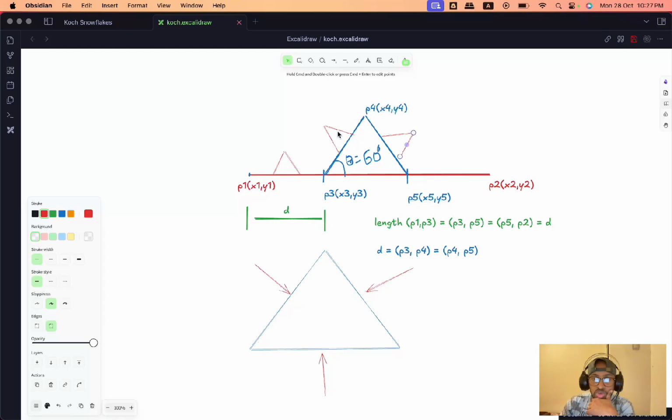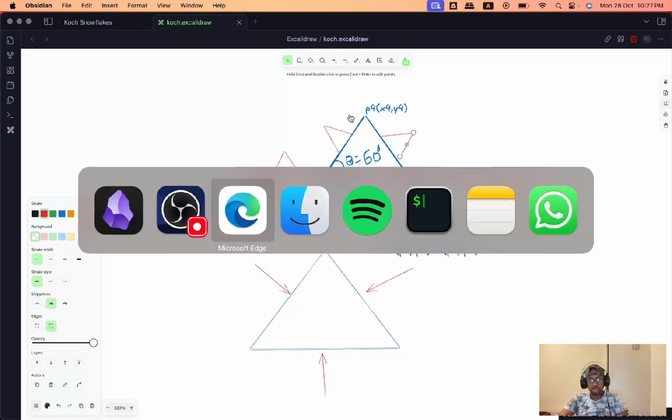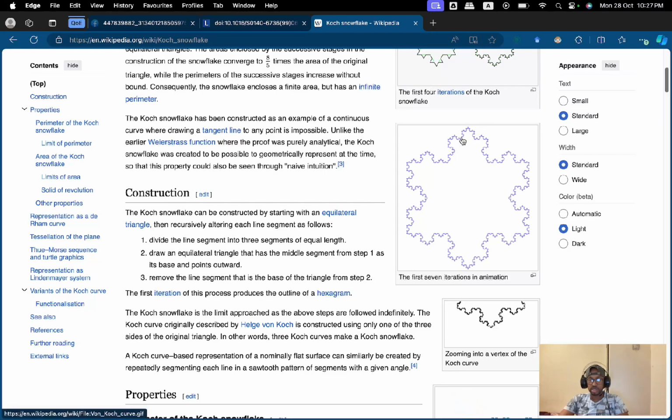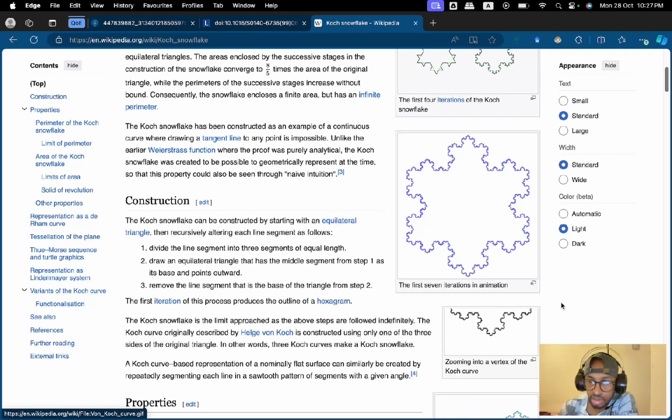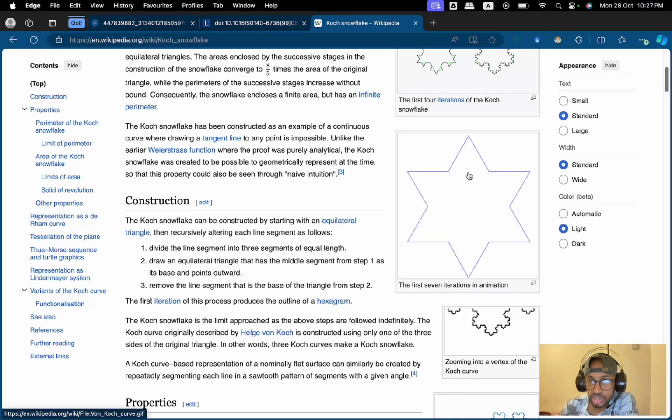And this one also. Then in the third iteration, we apply these rules on each segment again. This is the basic rule. Hopefully we'll get these infinite Koch snowflake fractals.